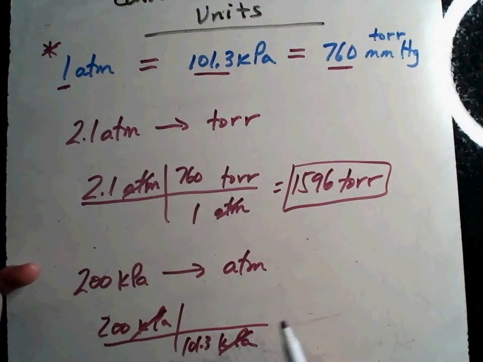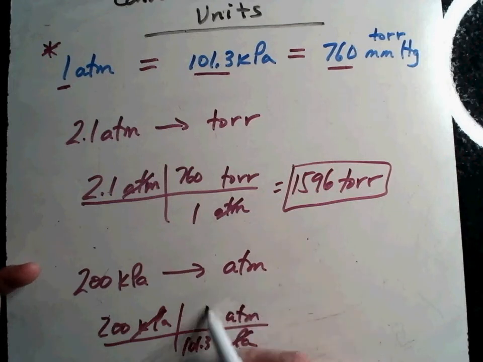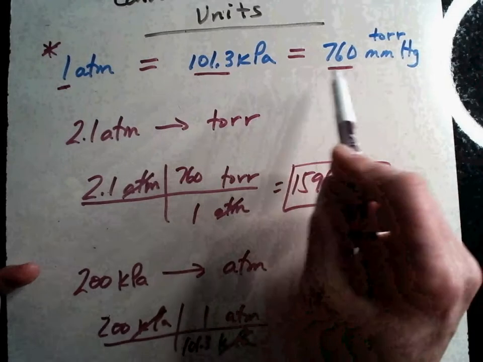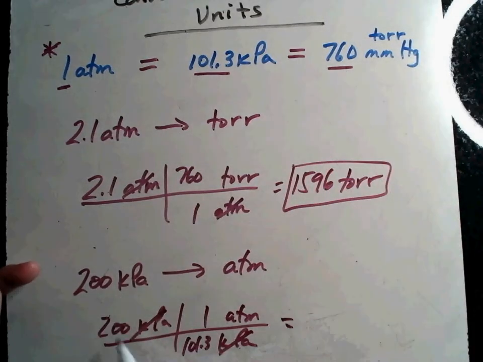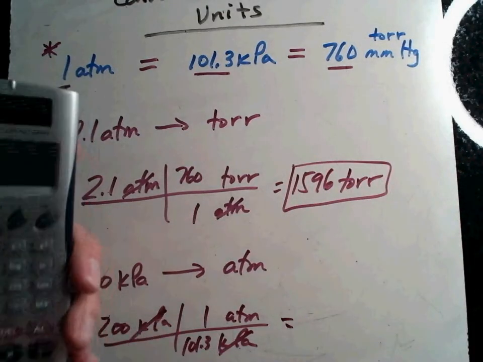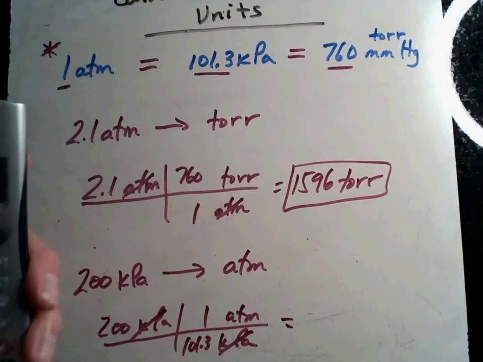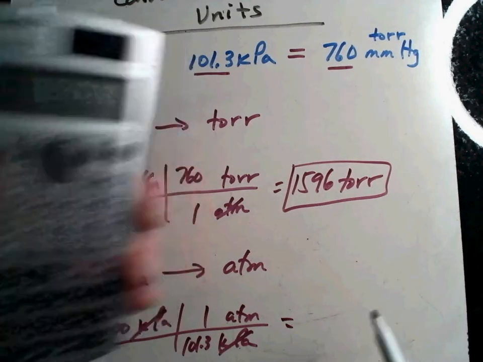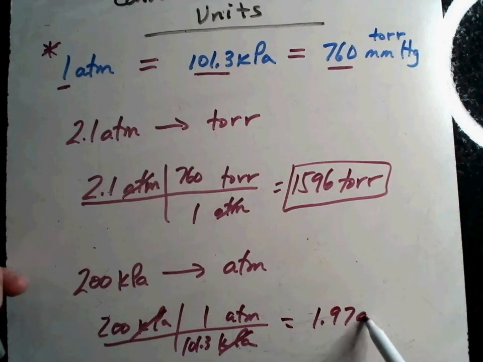And atmospheres is a 1 every single time. So you're going to always use that number or that number or that number. And so it's just a division problem. So 200 divided by 101.3 equals 1.97 atmospheres. So it's literally that simple as you go along.